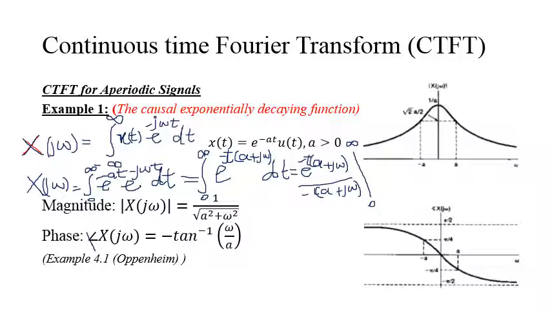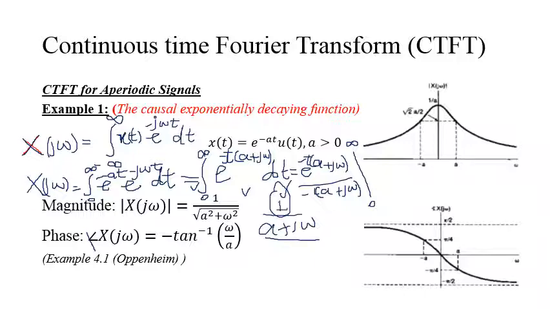The phase of this can easily be found by the expression that the phase is equal to tan inverse of imaginary over real. Because this is in denominator form, that is, we have something like a plus j omega, which I have mentioned there too, the net phase will be equal to the phase of the numerator minus the phase of the denominator.